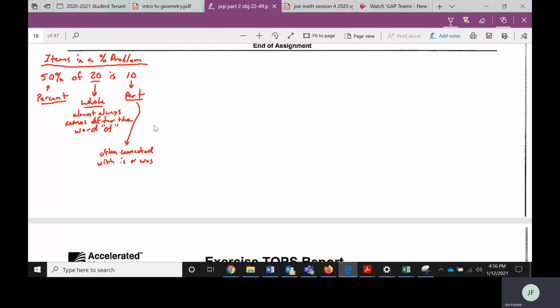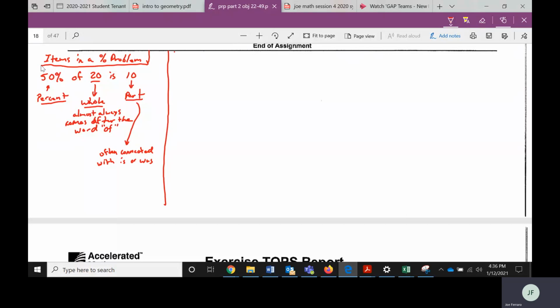And you can't always go by that because like here is also next to the whole. So I often will look at this last. So percent sign's easy as a percent. The whole is after the word of, and then the remaining item is the part. Okay, so that's items in a percent problem.